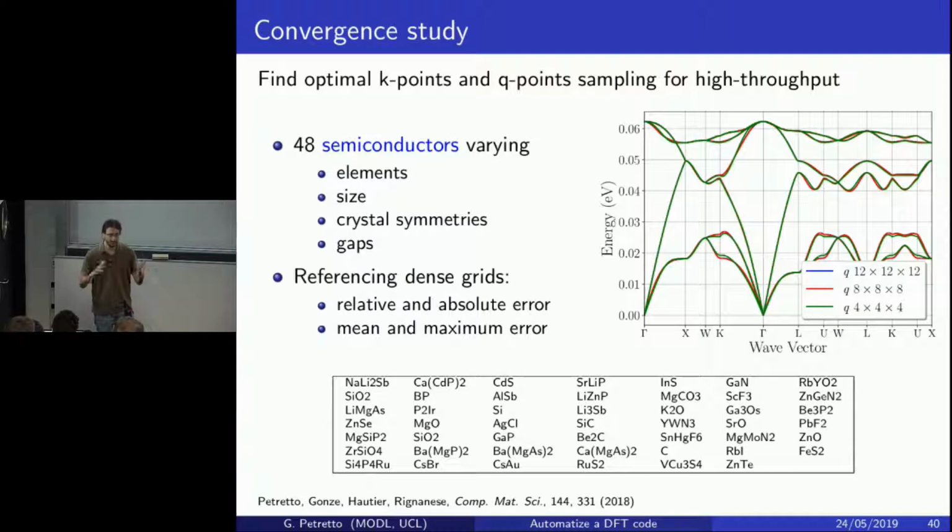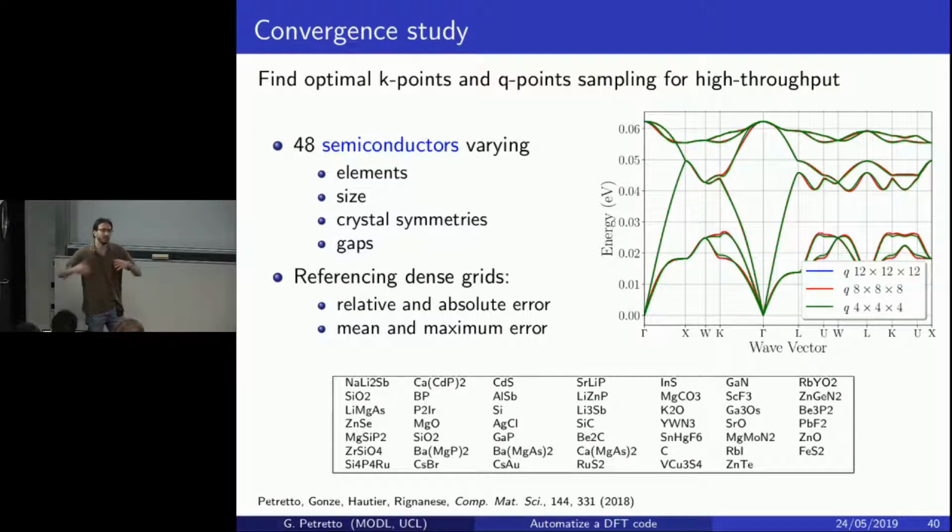We selected a set of materials, semiconductors in particular, and we tried to take into account different kinds of elements, symmetries, size of the system, gaps, all things that you can think about.